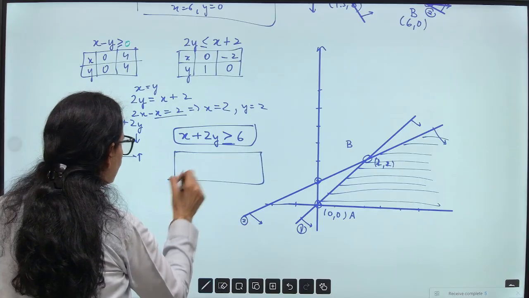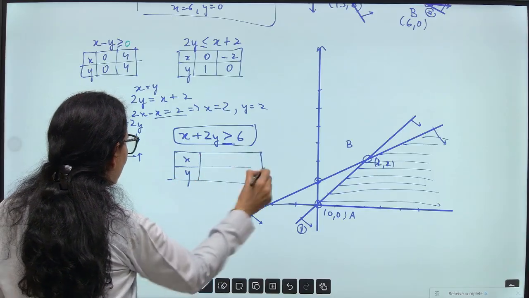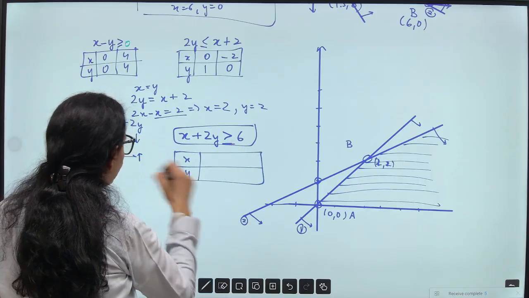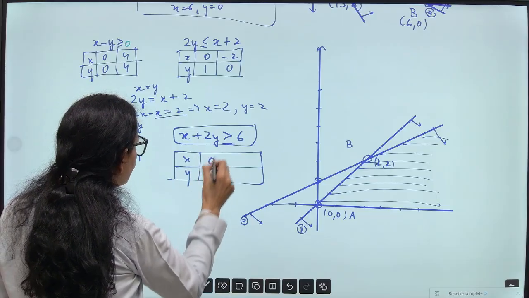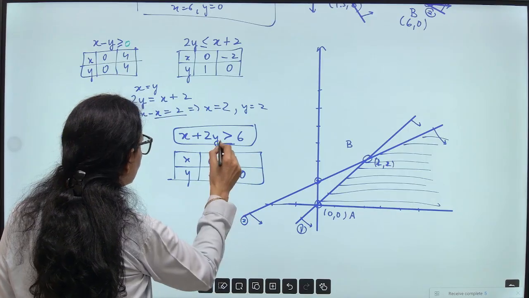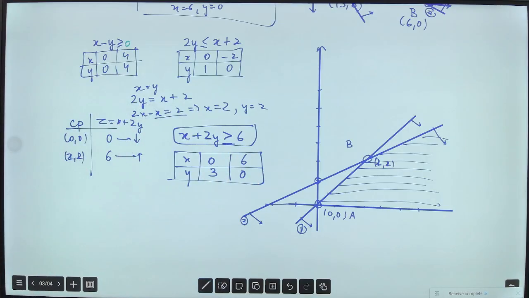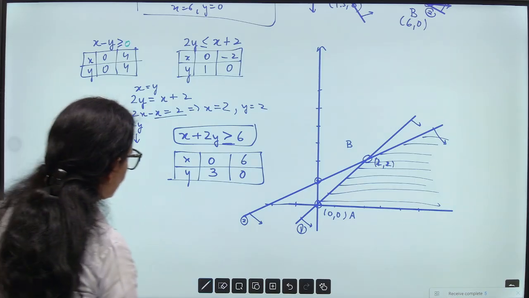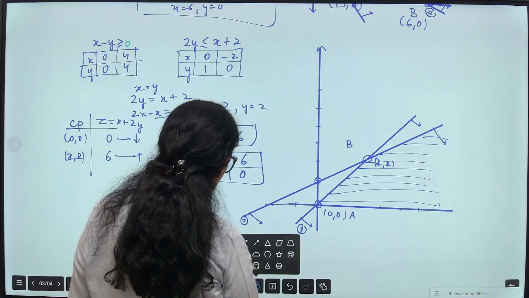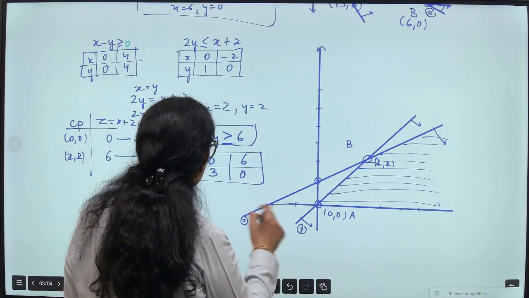So let's draw the table of x and y. If x is 0, y is 3. If y is 0, x is 6. Okay, so let's plot it. Now for the objective function you need to draw a dotted line.